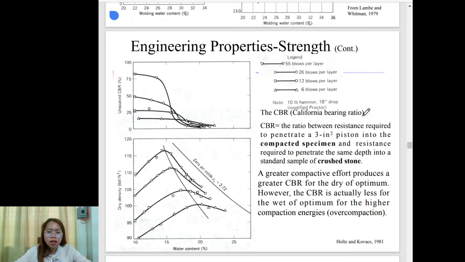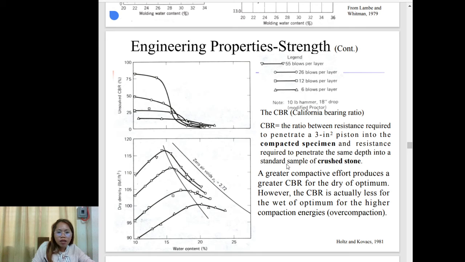We have also this term here, the California bearing ratio. This is the ratio between the resistance required to penetrate a 3-inch square piston into the compacted specimen and the resistance required to penetrate the same depth into a standard sample of crushed stone. So the greater compactive effort produces a greater California bearing ratio for dry of optimum. However, the California bearing ratio is actually less for wet of optimum for higher compaction energies.